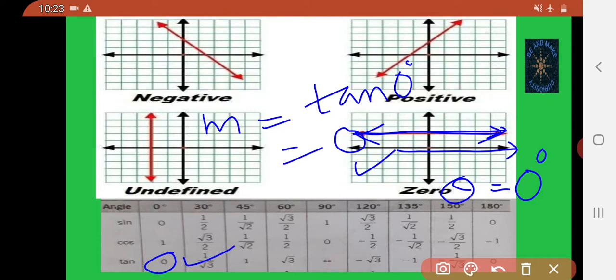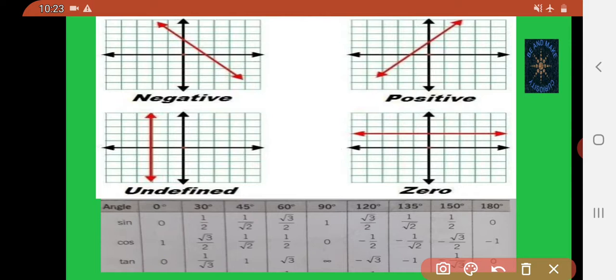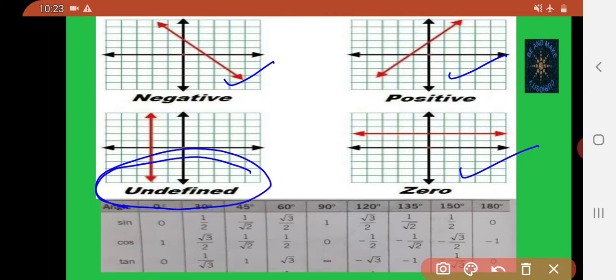So the slope is tan 0 degree, which is 0. So the slope of a line may be negative, may be positive, may be 0. And the slope of a vertical line is not defined. Understood?